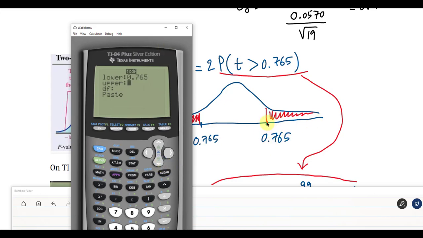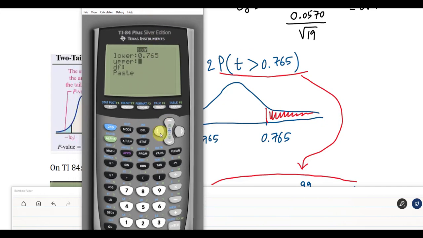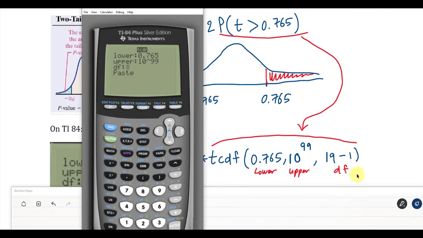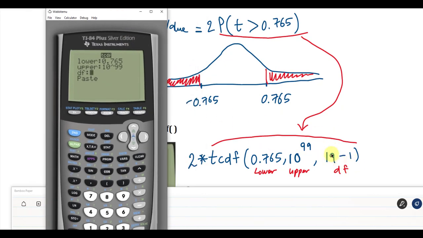The upper, you want all the way to the right, to infinity, so we can just use a very large value, like 10 to the power of 99. And then the degree of freedom is n minus 1. Because 19 is the sample size, so 19 minus 1 is 18.